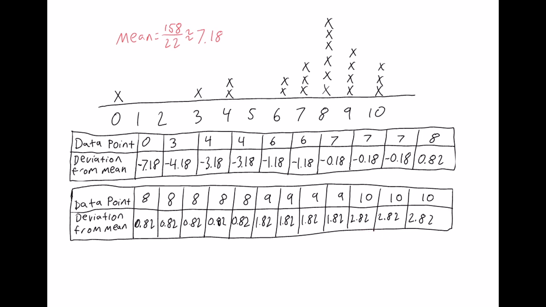So now we have our deviations from the mean. So what that shows is how far away from the mean each is. Even though we had most of the data points at 8, 7 was closer to the mean than 8.